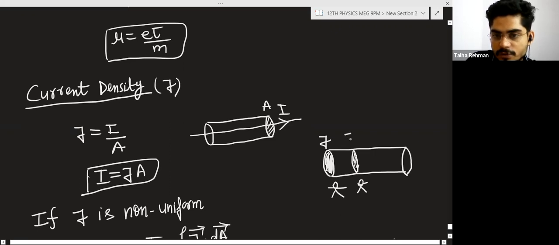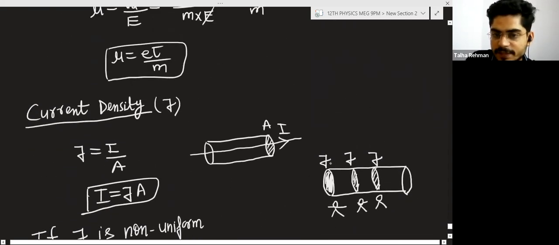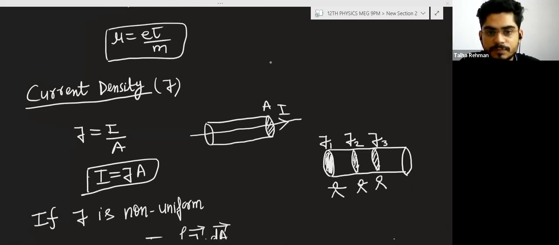Here is also J. But it can also be possible that if you measure the current density, here is J1, here is J2, here is J3, meaning along the length the current density is changing. This is known as non-uniform. If the current density is uniform, then J1, J2, J3 are equal, meaning from here to here the current density will not change.